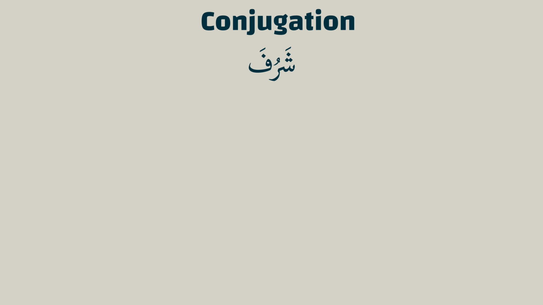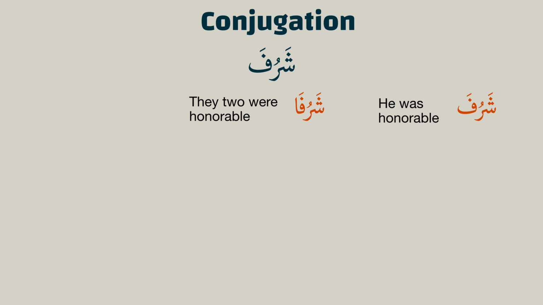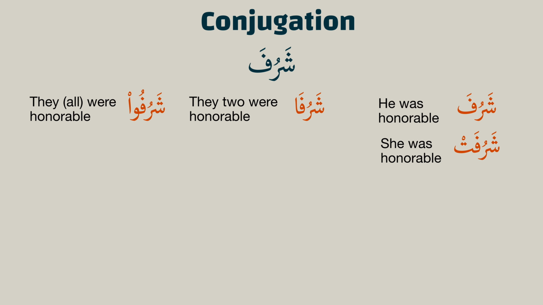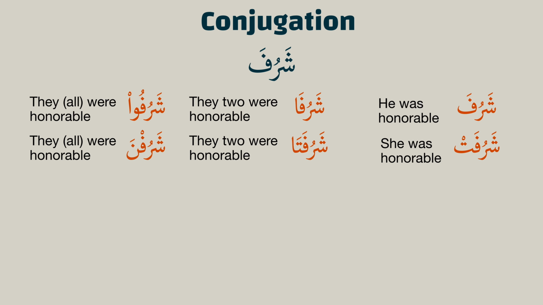We get sharufa, he was honorable. Sharufa, they too were honorable. Sharufu, they were honorable. Sharufat, she was honorable. Sharufata, they too were honorable but feminine. Sharufna, they were honorable but feminine.